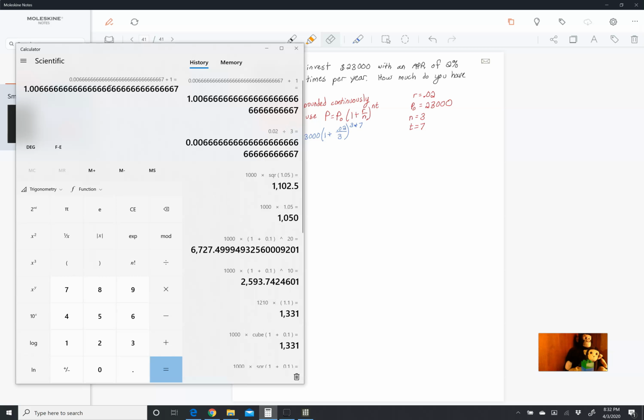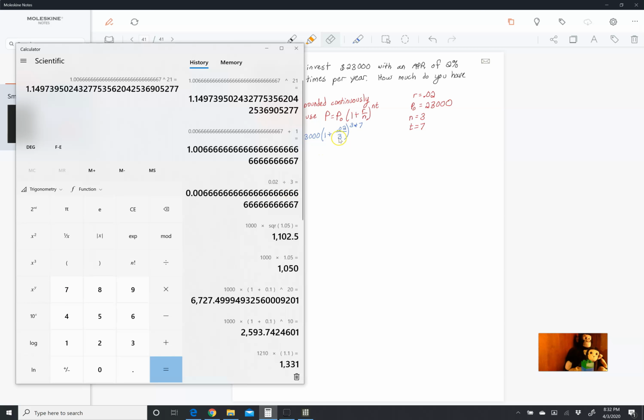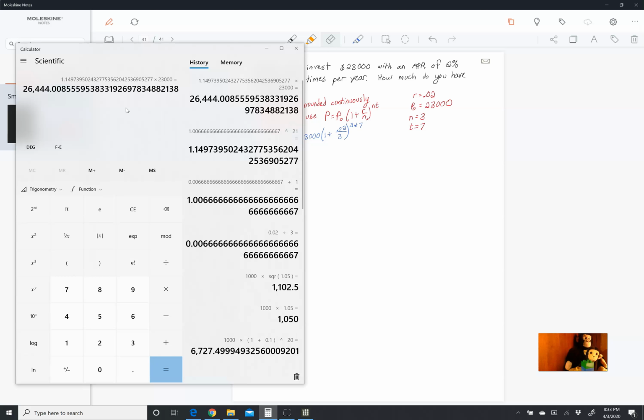Okay, so now you have 1.0067. You are going to raise this to the 21st power. So you're doing this order of operations. Parentheses first. Inside the parentheses, we have division. Division comes first. Then you add. Then exponents after parentheses. So we raised it to the 21st power. That's 3 times 7. And now we're multiplying by the 23,000. And this tells us that we have 26,444, and it's dollars and cents.